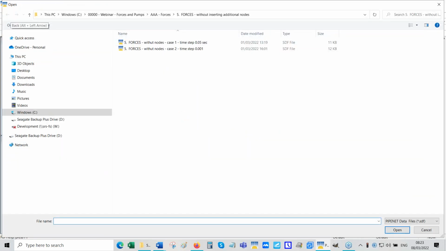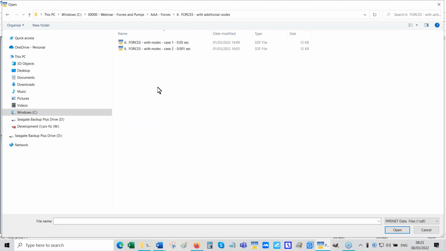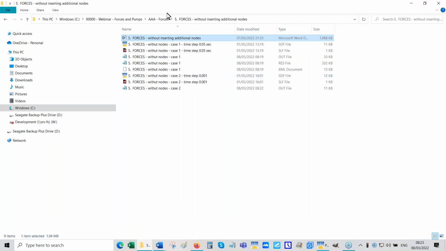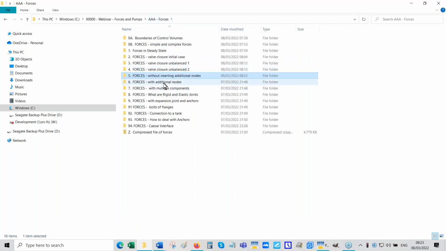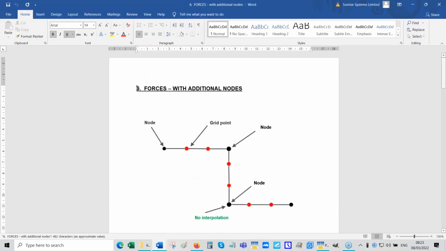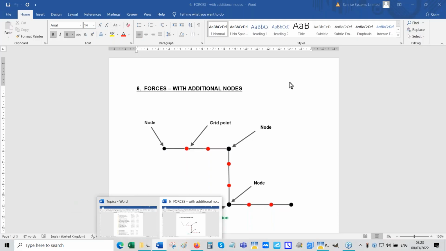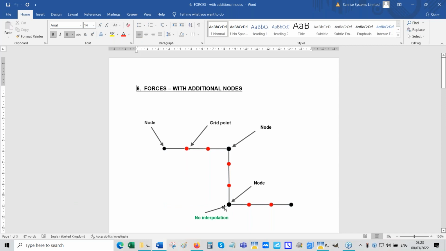So let's go on to the next topic, which is inserting additional nodes. So here, we're physically inserting additional nodes, and because PIPENET will calculate the results at these two nodes, it does not need to do any interpolation.